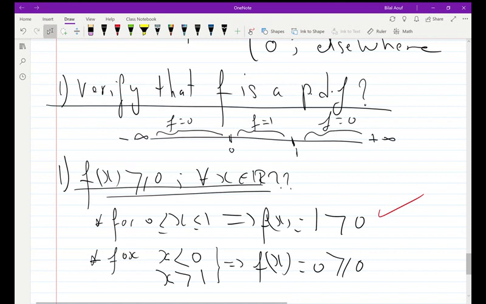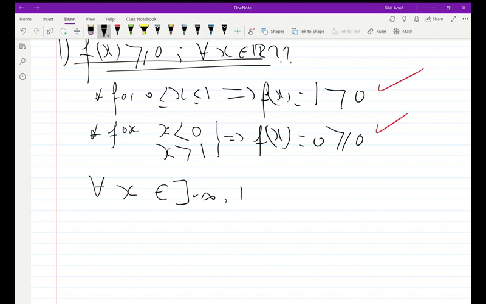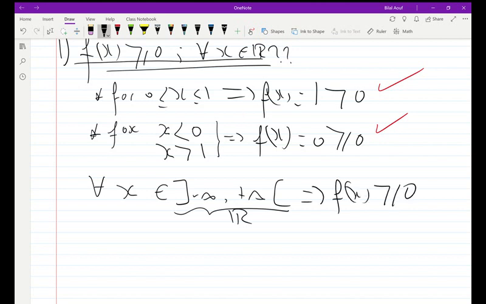That's right, so the two parts are true. In this case, I already verified that for any x belongs to minus infinity to plus infinity, the same thing, set R, I have f of x greater than or equal to 0. So the first condition is satisfied.